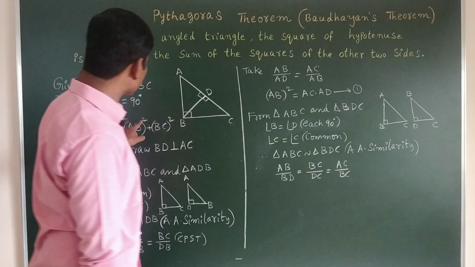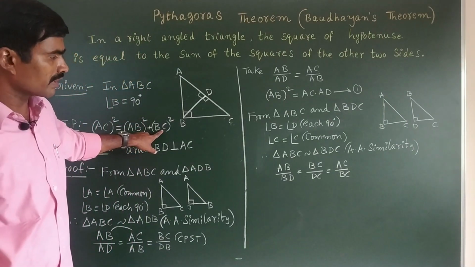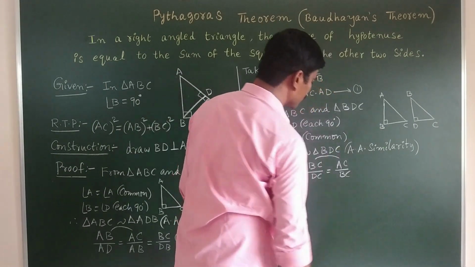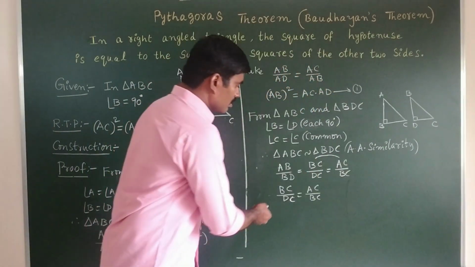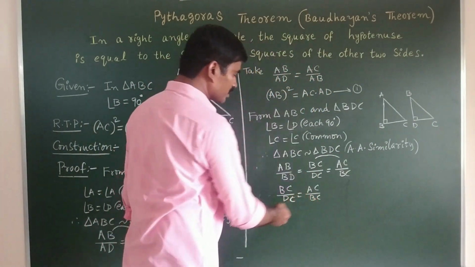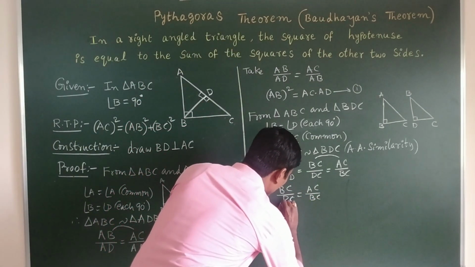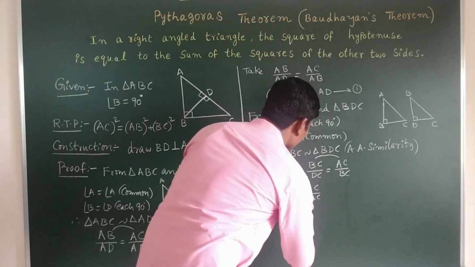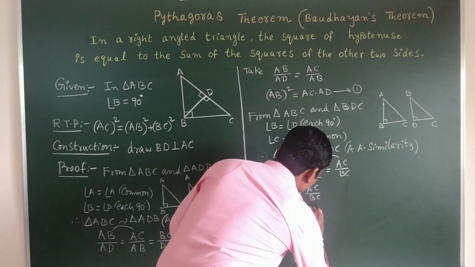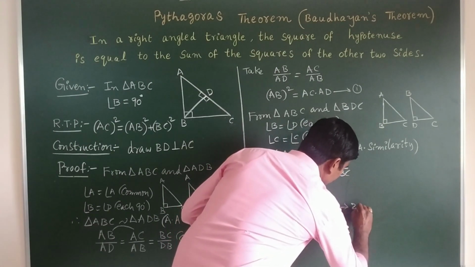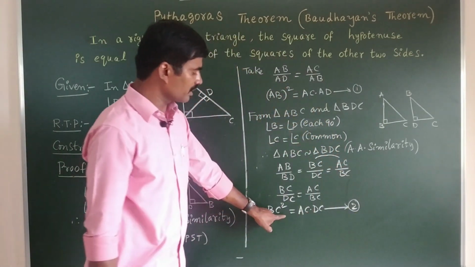To get BC square, compare these two ratios. By using cross multiplication, BC into BC, BC square, is equal to AC into DC. Take this as equation 2.